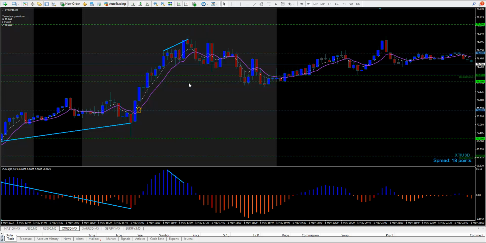That would have been a big stop. Oh, not too bad. 60 points. Did it go down 60 points? No, it went down 40. Anyway, it did its run right here. But there was divergence up there to sell. But I wait for a cross down of the two moving averages before I enter my sell.